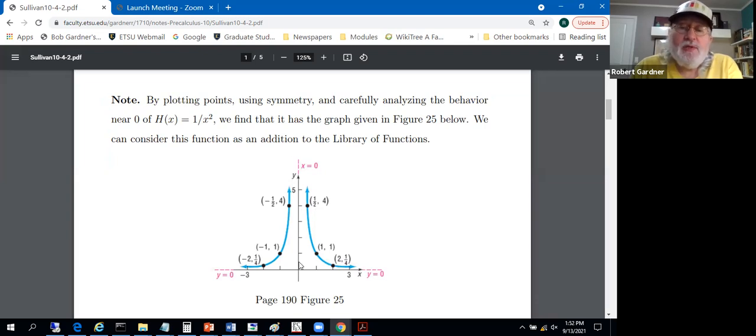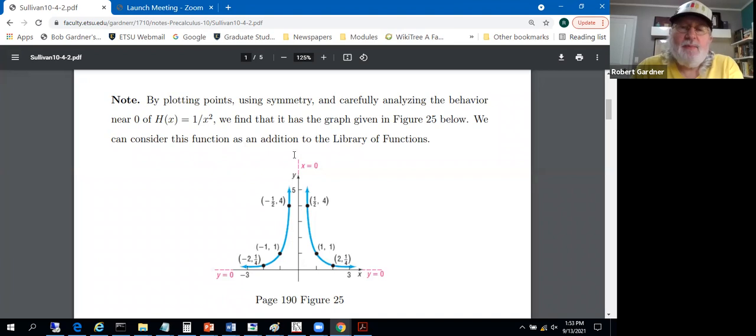When we put large x values in, we get out small y values. The bigger the x value, the smaller the y value on the left and the right. We'll say something about asymptotes shortly, but this will certainly have an asymptote of y equals 0. When we put in numbers close to 0, we square them and take the reciprocal. Squaring makes them closer still to 0, and then the reciprocal makes the output large.